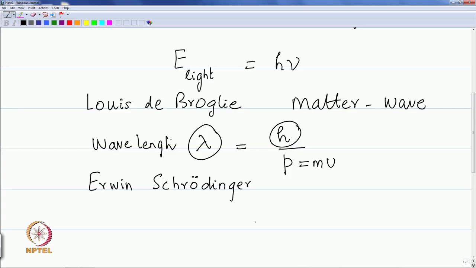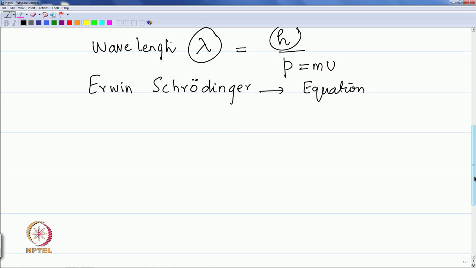And Schrödinger came up with a proposal and an answer which became the most famous equation of the last century, called the Schrödinger equation, and I will write that out.